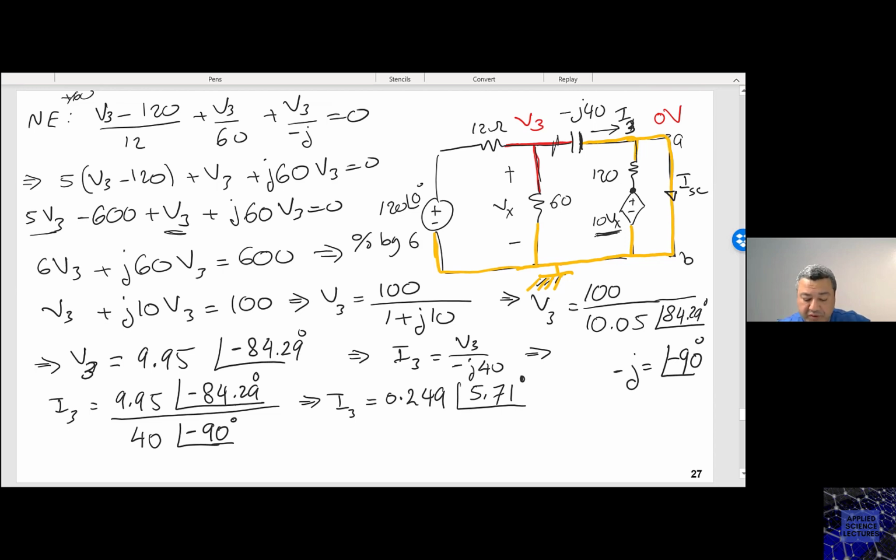Now what about this current? Let me call this one Ix. This current Ix is indeed (10 Vx minus 0) over 120. Now remember Vx is V3, right? So here we also have Vx equals V3.